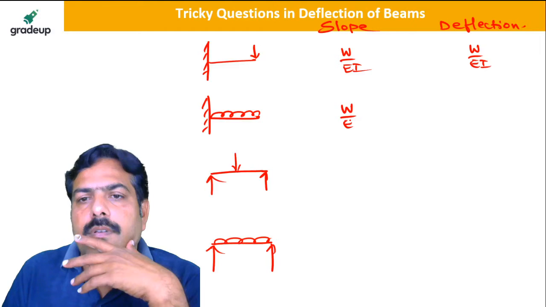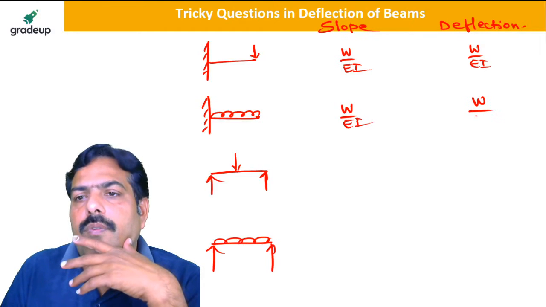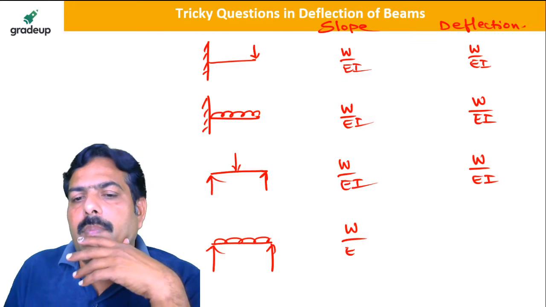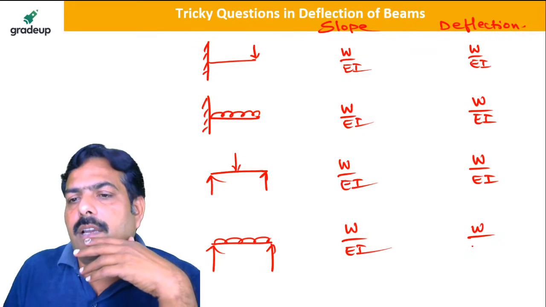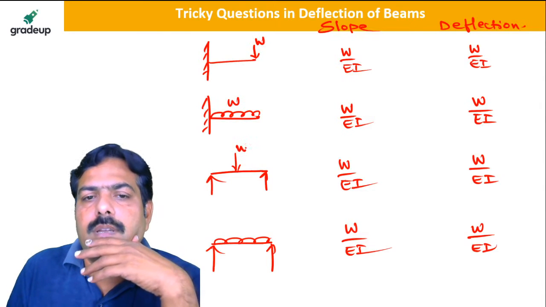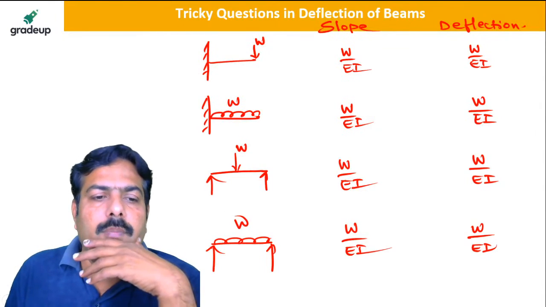So whether it is UDL or UVL, W by EI is common. W is the load. If it is given in Newton, take it in Newton. If it is given in Newton per meter, take it in Newton per meter. Is it clear now? So this is W, this is W, this is W. W is the load which is given in the problem, as it is you take it.